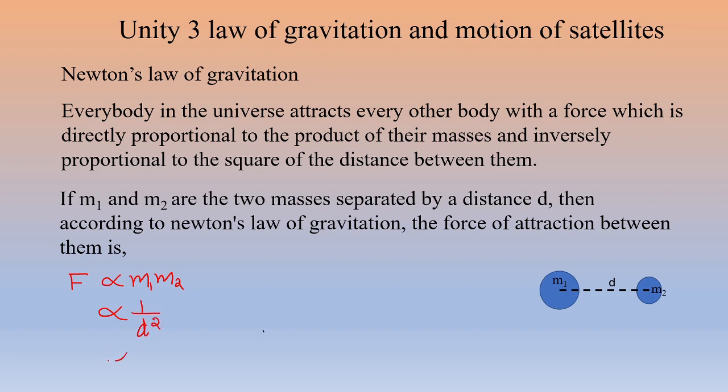So we can combine them: F is directly proportional to m1 into m2 divided by d square.